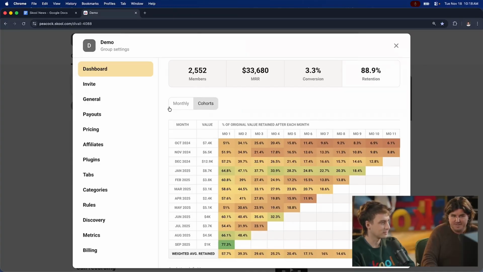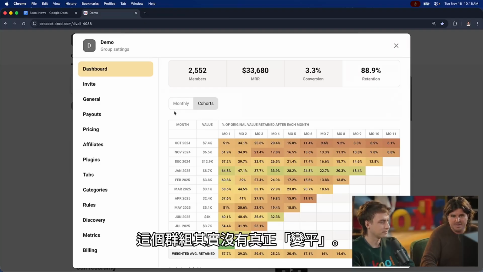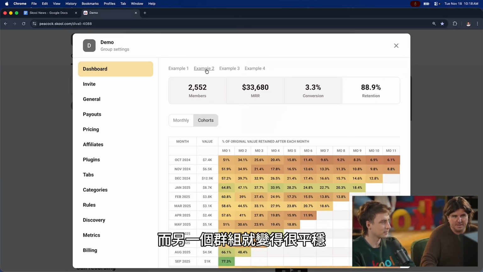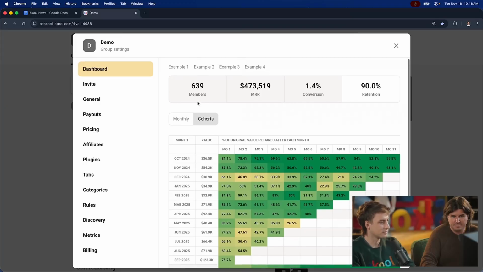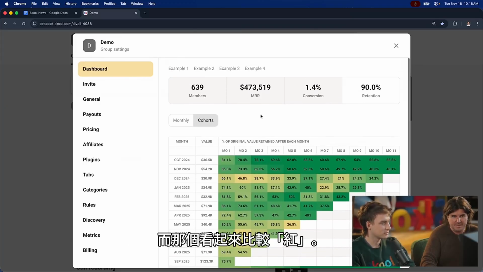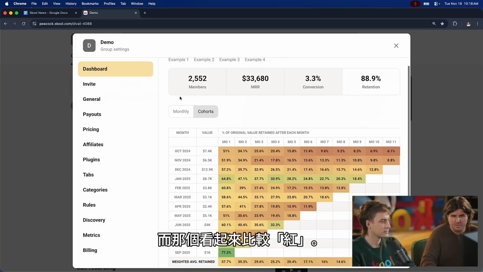So you see the difference? Yeah. So this one isn't really flattening. It kind of is, but not really. Whereas this one really is. Yeah. And that's also why this one's green, by the way, and this one looks more red.